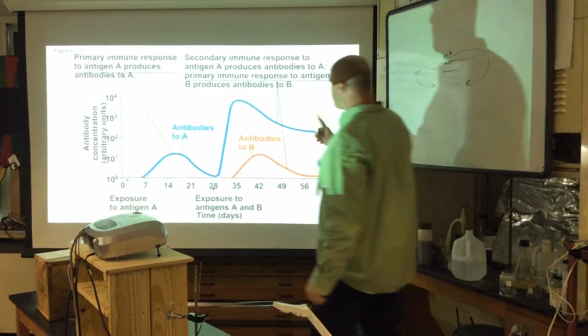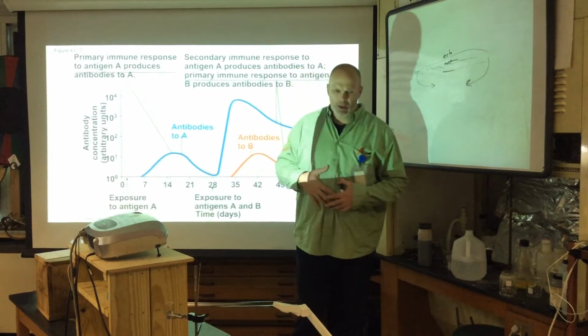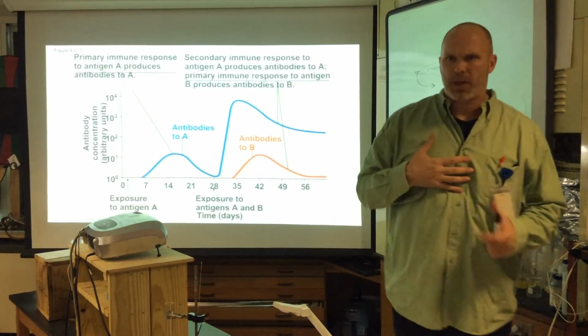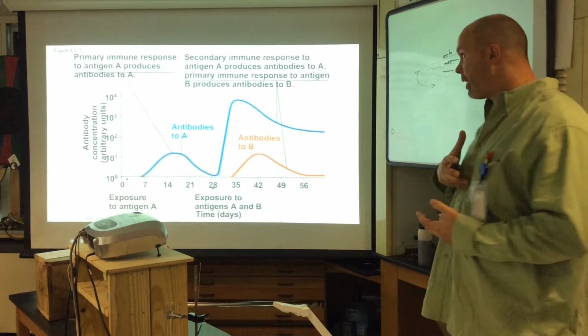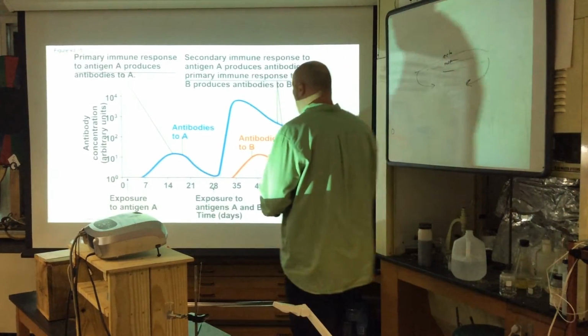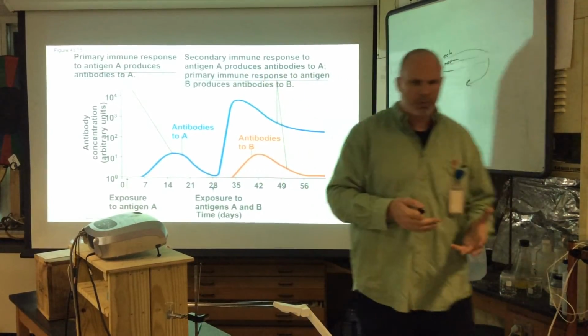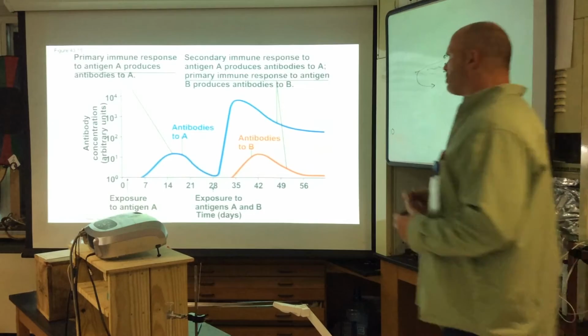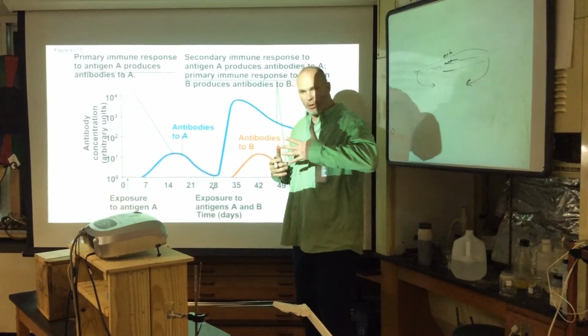Okay, now, this is also important when you think about pregnancy. You have a baby and you have the mother. The baby and the mother are two different beings. While the baby is in the womb, there's the placenta, and antibodies of the mother can travel across the placenta.